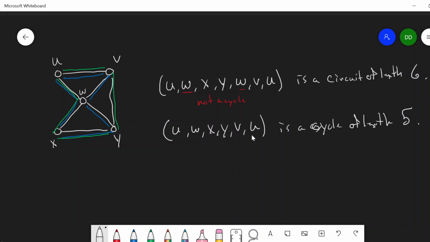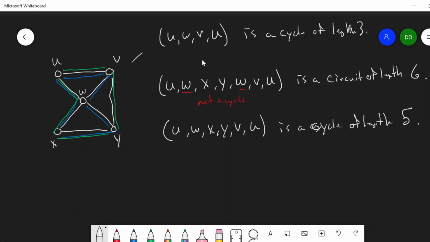In fact, this is a special kind of cycle. It's what's called a Hamiltonian cycle because we encounter every vertex of the graph. So you don't have to encounter every vertex of the graph. Something like U, W, V, U is a cycle of length 3, which is, of course, a triangle.